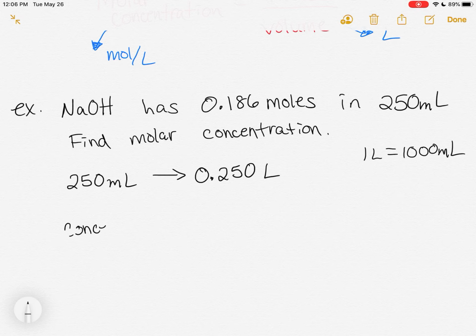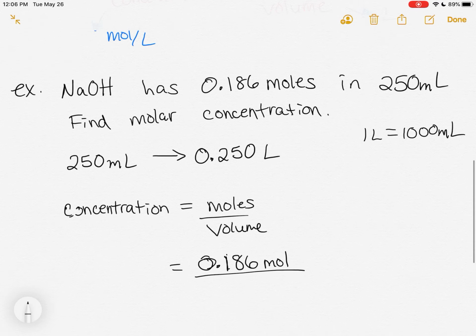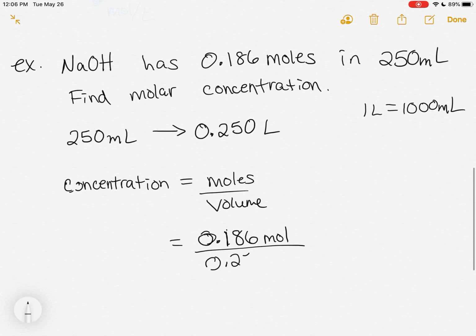To calculate our concentration, we're going to do our moles divided by our volume. We have 0.186 moles, and our volume is 0.250 liters.